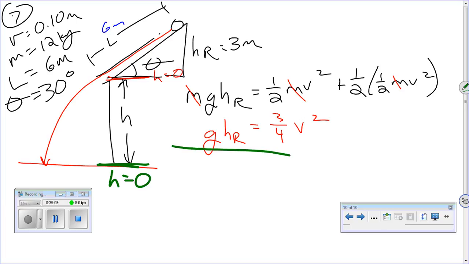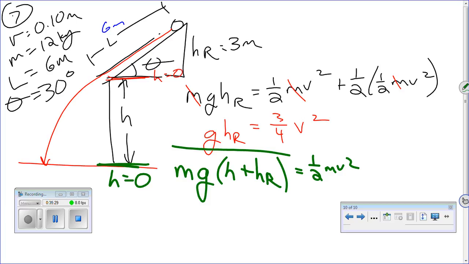I'm going to set up my equation again. So up at the top, my gravitational potential energy is going to be m times g times h, whatever h is, plus the height of the roof, right? Follow? So this plus 3. Then when you get to this point, now you're going to have kinetic energy, rotational kinetic energy, and potential energy.